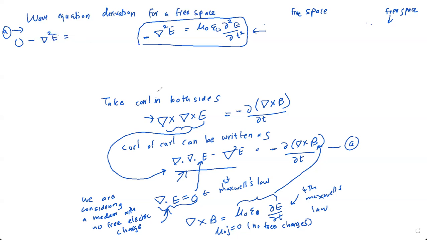Then we take the second derivative of the electric field with respect to time. So we are left with this equation, which gives us that the Laplacian of the electric field is equal to minus mu naught epsilon naught times the second derivative of the electric field with respect to time.